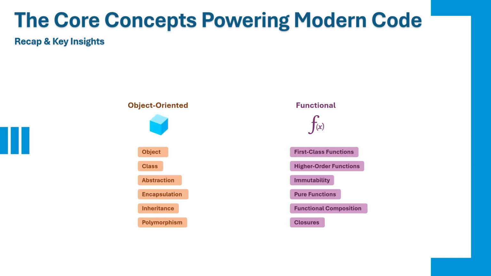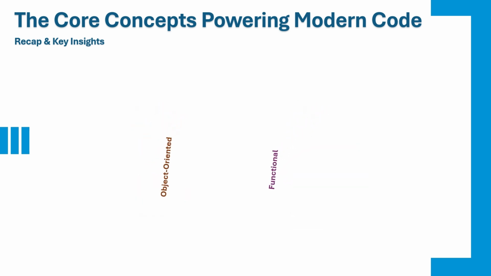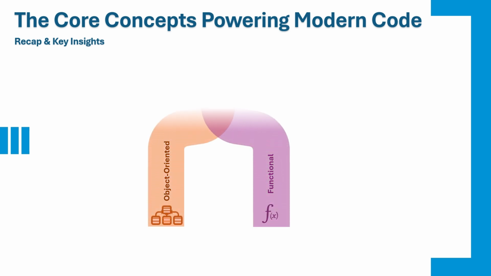We compared the declarative and imperative styles in OOP, and finally saw the benefits of blending functional programming with OOP to unlock even more power and flexibility. By mastering these core concepts, you now have the tools to build cleaner, more modular, and scalable code.